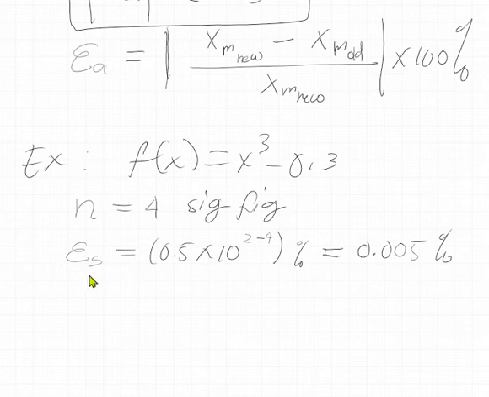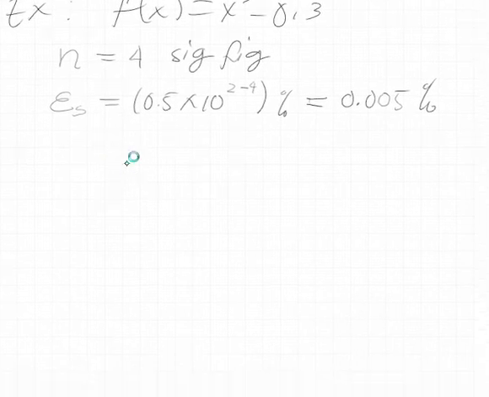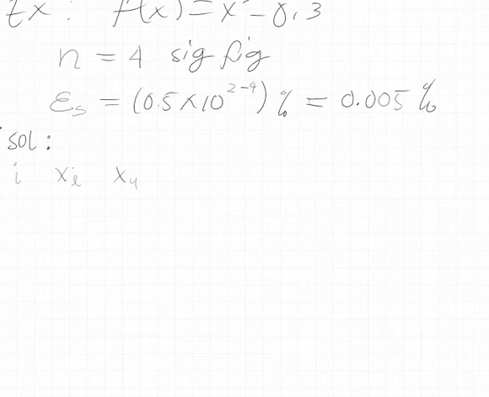So let's do that. So first step, what's our first step? Our first step is to choose our upper and lower value, XL and XU. Let's just make a table. It's much easier for us to solve this type of problem or method if we use a table. So XL and XU, and the number of iteration.